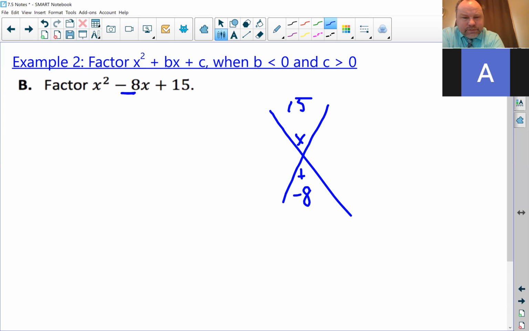Again, both have to be negative. There we go. Negative 5 and negative 3.